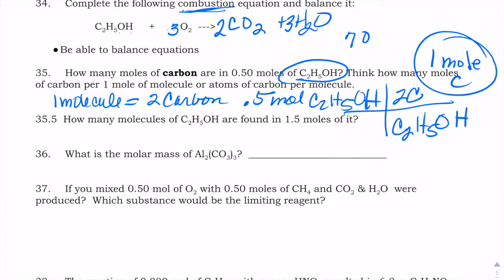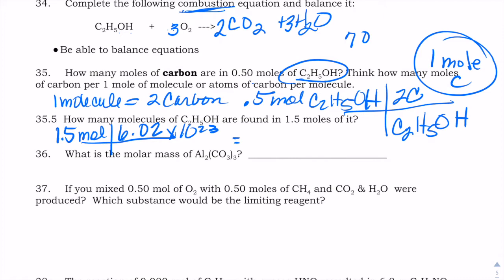How many molecules of ethanol are found in 1.5 moles of it? 1.5 moles of ethanol. To find molecules, we have to multiply by Avogadro's number, 6.02 times 10 to the 23rd. I'll let you do the math because I don't have a calculator out on my deck where I'm sitting doing these. What is the molar mass of aluminum carbonate?